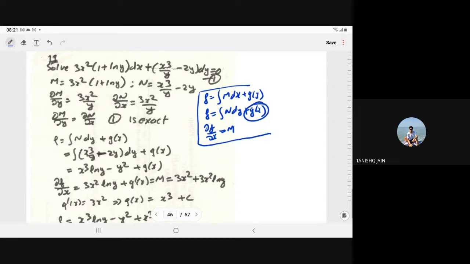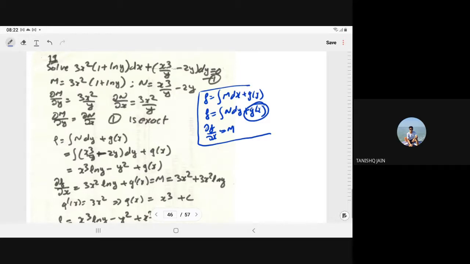So let us have this example, which is based on this exercise only. Solve 3x square into (1 plus ln y) dx plus (x cube upon y minus 2y) dy is equal to 0.